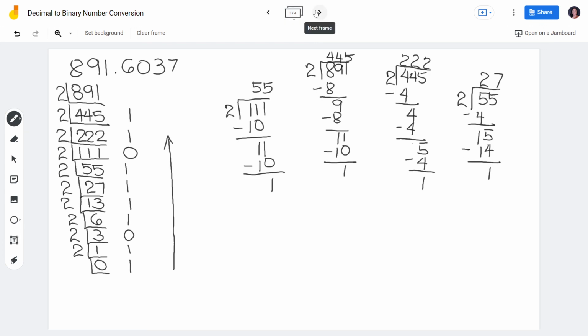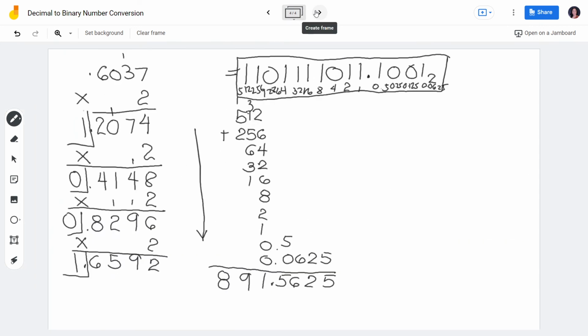The integer part is correct. But of course, for the fraction part, since we are limited to 4 fractional places, 0.5625 is the nearest value to 0.6037. And 0.6037 is not really a perfect sum of those powers of 2 with negative exponent.